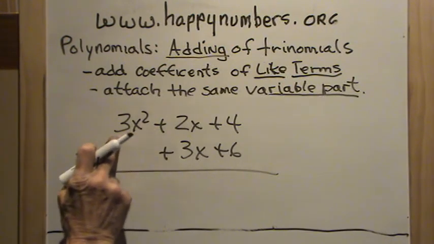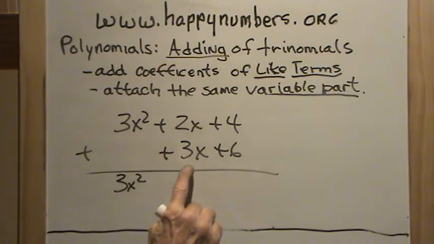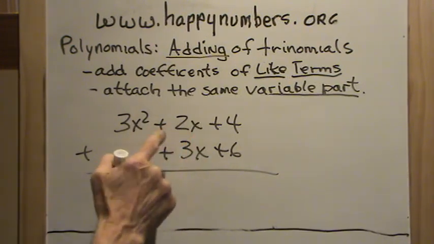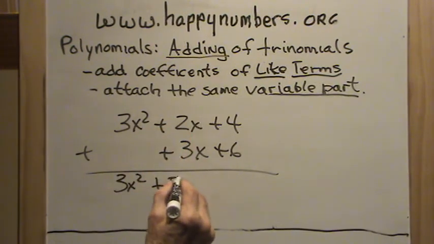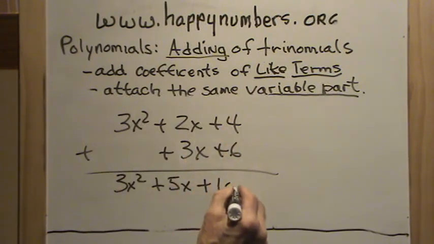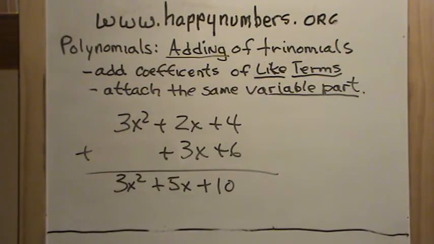We have 3x squared here and nothing here, so this would be 3x squared. These two terms are like terms because their variable parts are the same, so we would combine the coefficients, give us 5x. And these two are like terms, so we would combine that. And we could, if we wanted to, add a trinomial and a monomial, and the process is exactly the same.